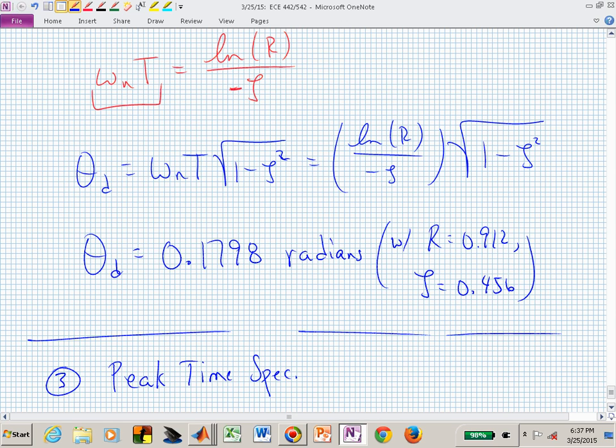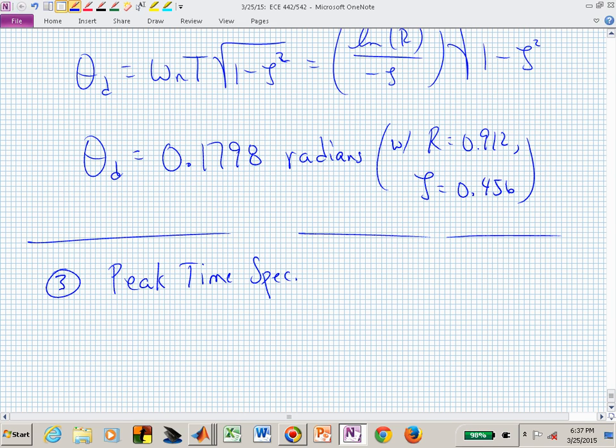Theta sub d is inversely related to the peak time, isn't it? So if we want a smaller peak time, we want our theta sub d to be bigger. Let's see what the peak time specification produces relative to this theta sub d that resulted from a percent overshoot of 20% and a settling time of 1/2 of a second.